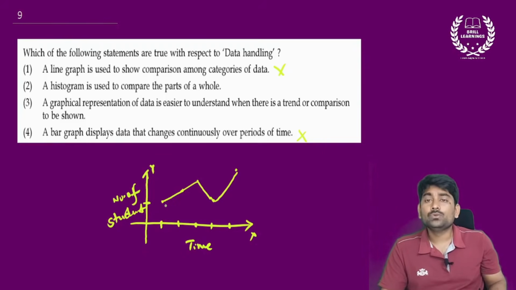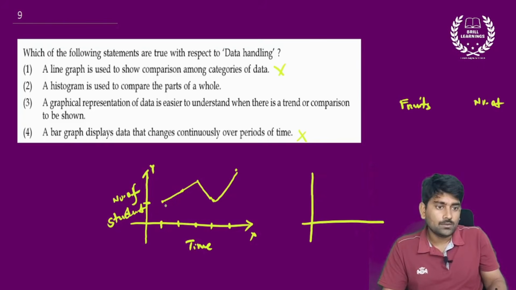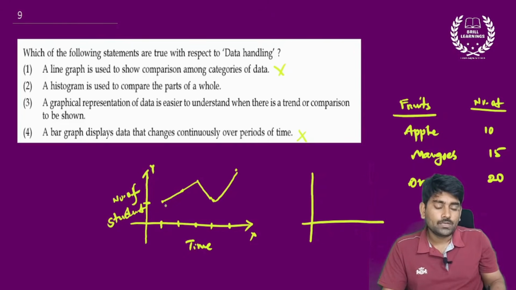Whereas a bar graph is used to show comparison among the categories of data. This is a bar graph. For example, take fruits and number of fruits. Two columns are fruits and number of fruits given. First type of fruit, apple, 10, mangoes, 15, oranges, 20, next, any other fruit, kiwi, 20.